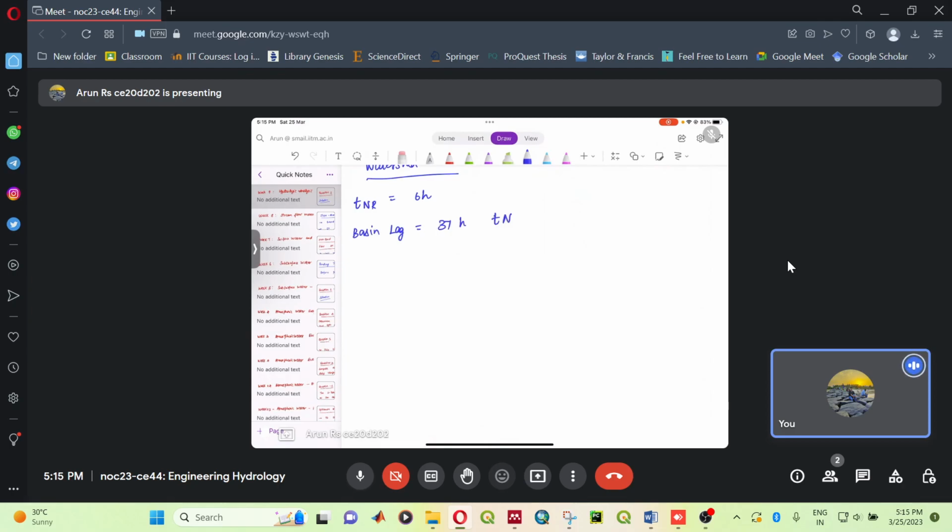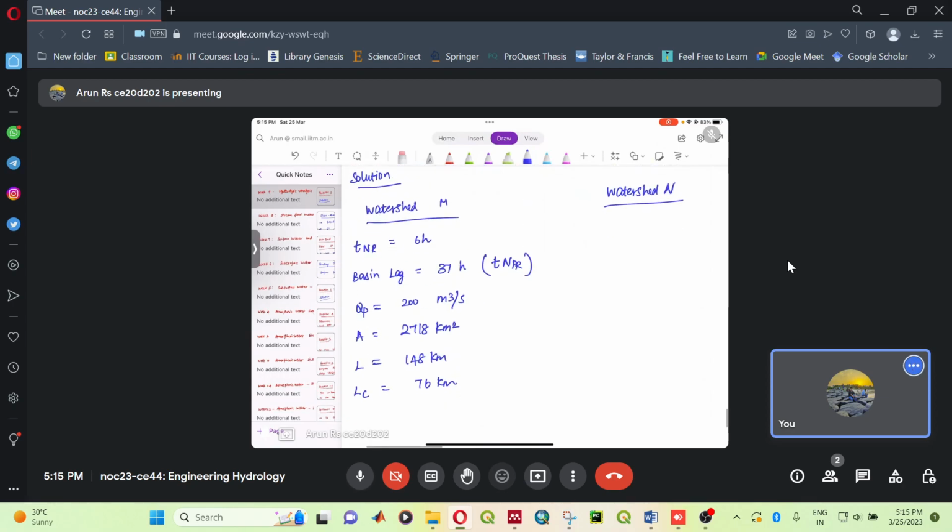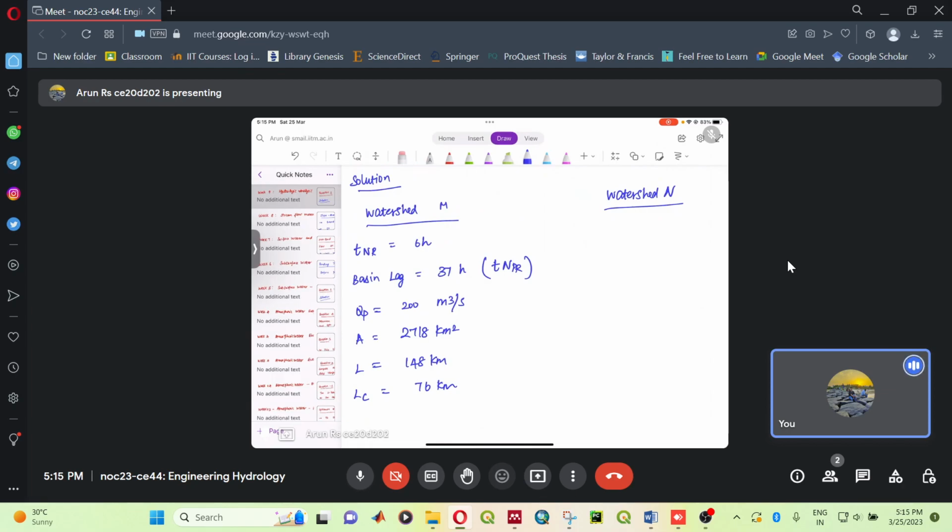This is the parameter T and PR, and peak is given as 200 meter cube per second. Area of this catchment is 2718 kilometer square and length of the drainage path is 148 kilometer and length of the centroid is 76 kilometer. Length of the path near to the centroid.